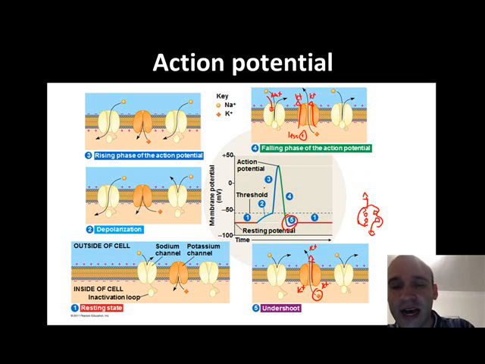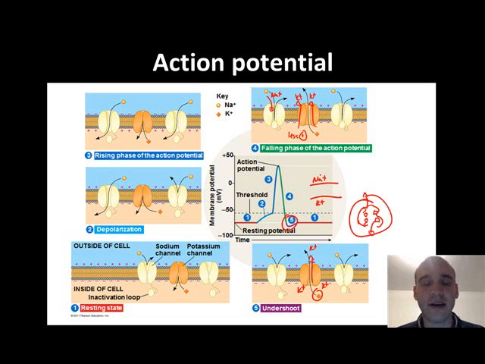And by doing that, this would allow you to reset your resting potential. It's also going to reset the concentrations, because again, you started with a lot of sodium outside and a lot of potassium inside, and these pumps are going to allow you to reset that. Okay, so that's what's going to happen in an action potential. So let's take a look at an animation, which will give us a little bit more information.